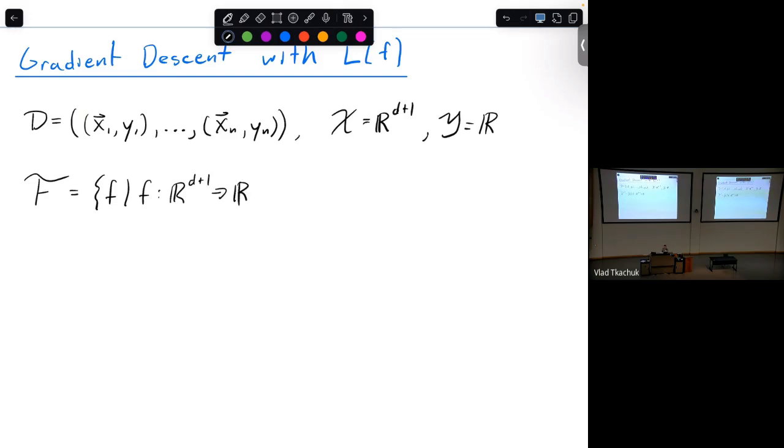And such that this function f, when taking some input x, which is some feature, has the form x transpose w, which is the dot product with some parameter vector w, an element of R^(d+1). This plus 1, once again, is for that bias term, the w naught. Let me just remind you, this will look like a w naught, which is a bias term, and then w1 up to wd.